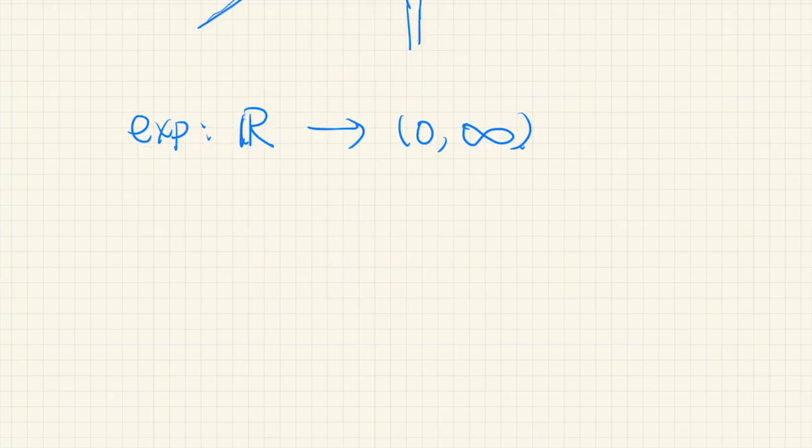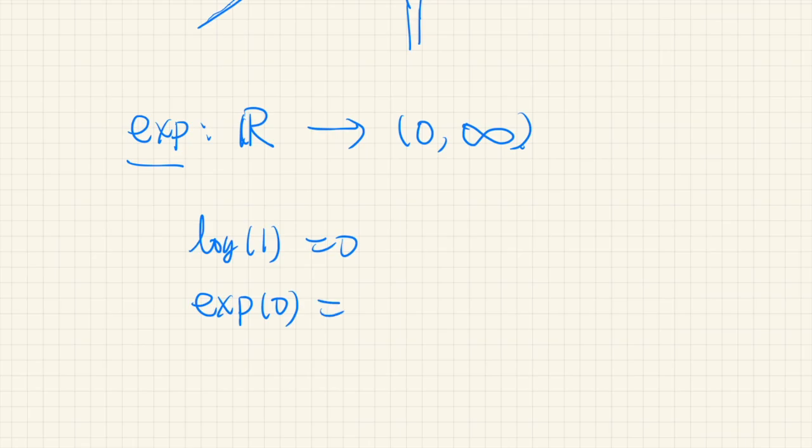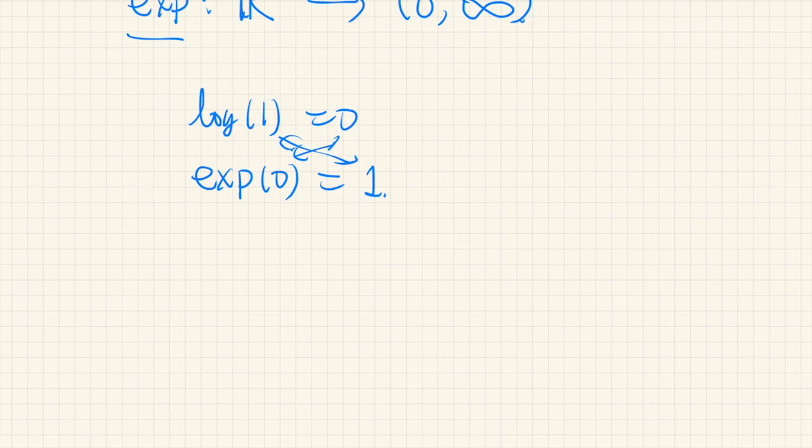Now let's see some properties of this function, the inverse of log. First of all, it's easy to see that since log of 1 is 0, exponential of 0 is 1, because it's the inverse, right? And now we define a special constant, e, as exponential of 1.